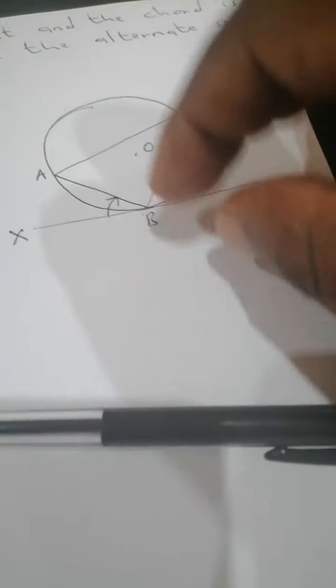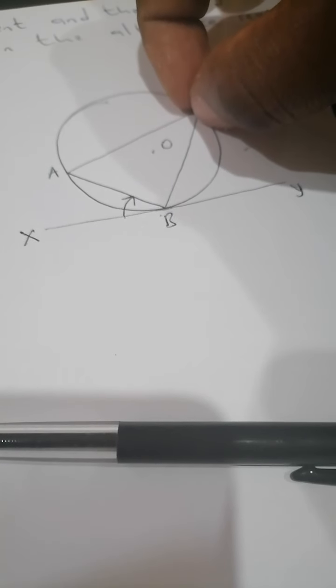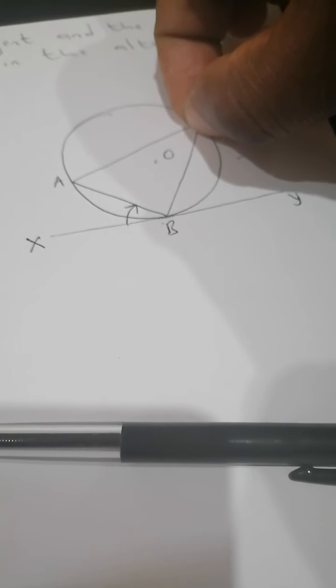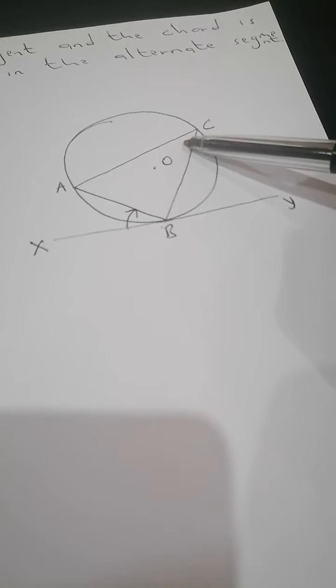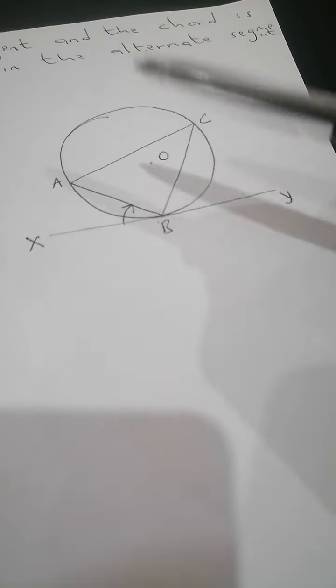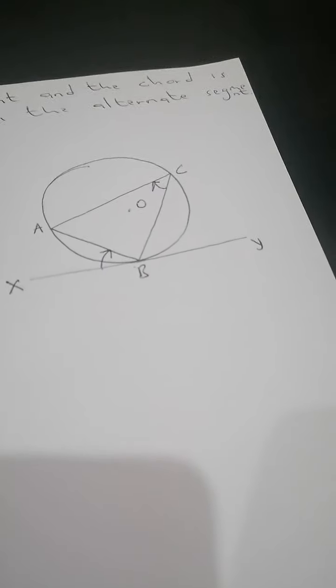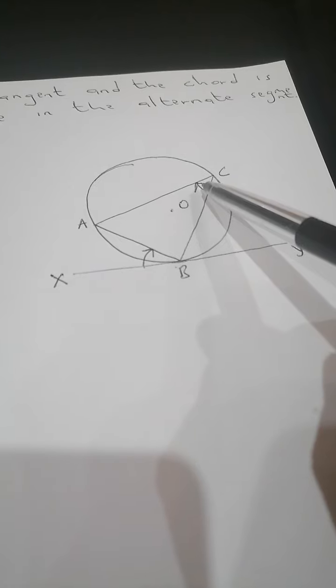If you move from the ends of this chord, which is what subtending means, and converge at the circumference of this circle, the angle that is formed there, angle C, is equal to angle XBA. That's what we're trying to show: angle XBA is equal to angle C.